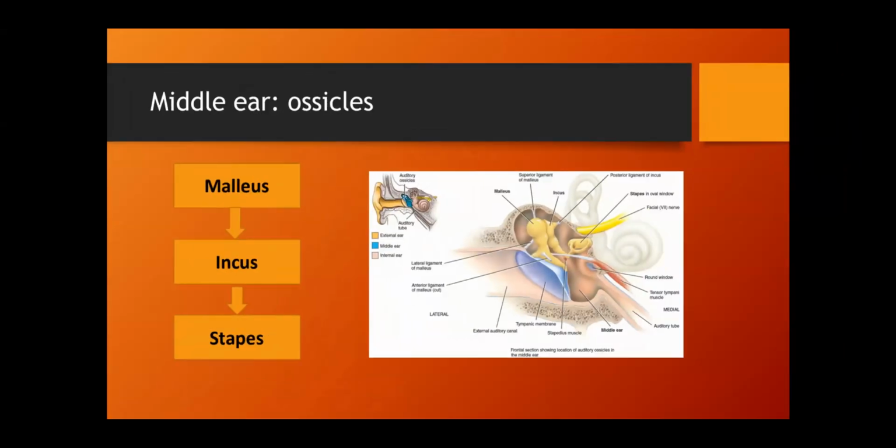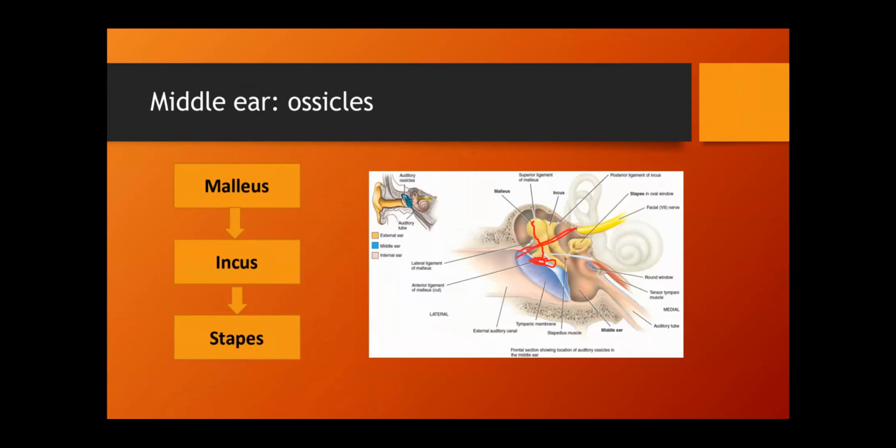What else do we have? The ossicles. We have three bones, which are the malleus, incus, and stapes. The malleus is attached to the tympanic membrane, and then it goes upward in the attic.